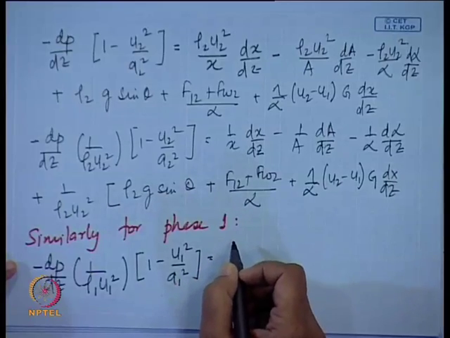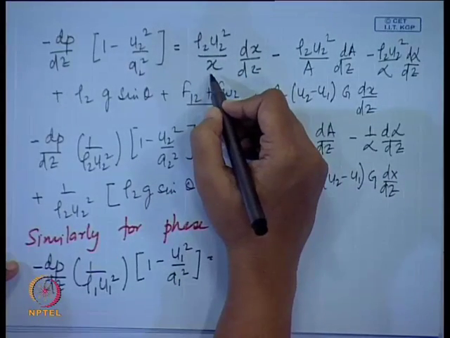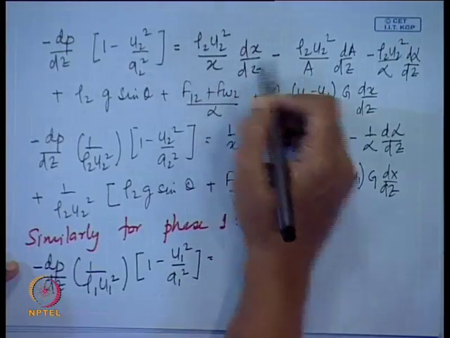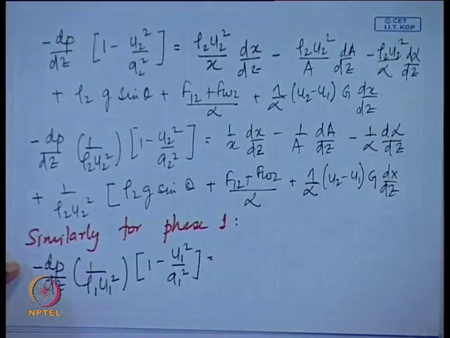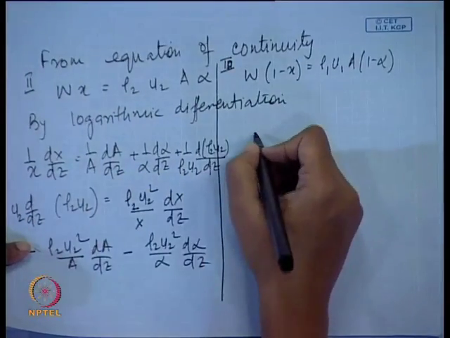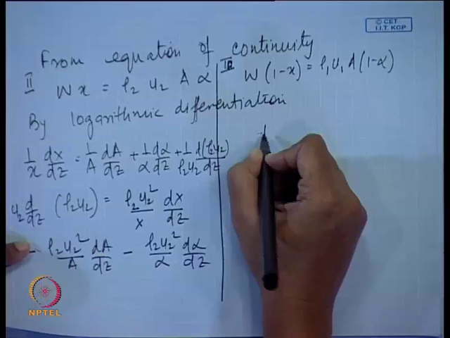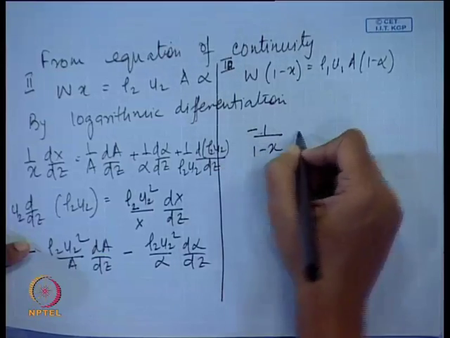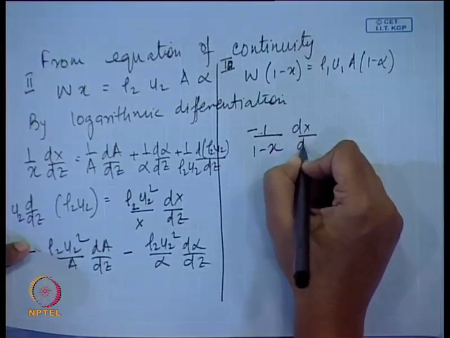Now, in this particular case it was 1 by 1 minus x, so therefore it is minus dx dz, is it not? Here if we write it down, this is going to be 1 by 1 minus x minus dx dz.